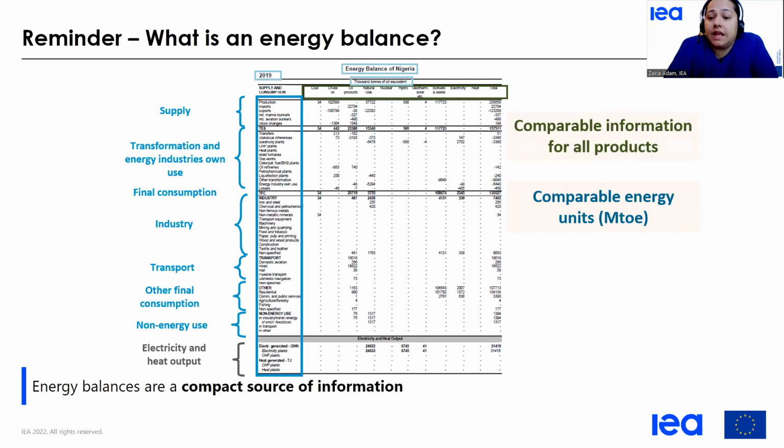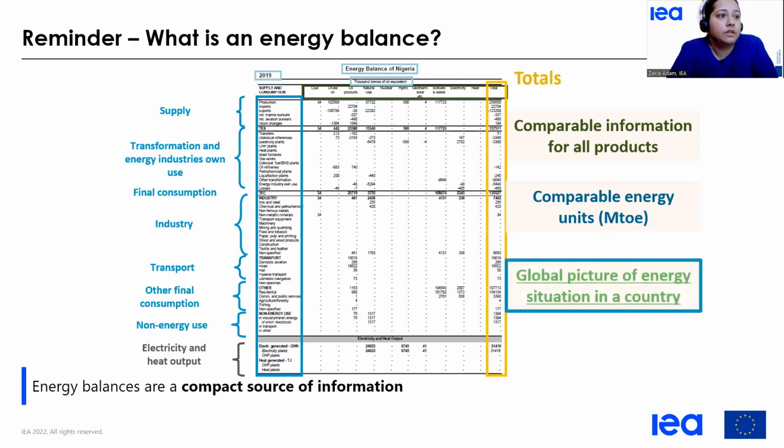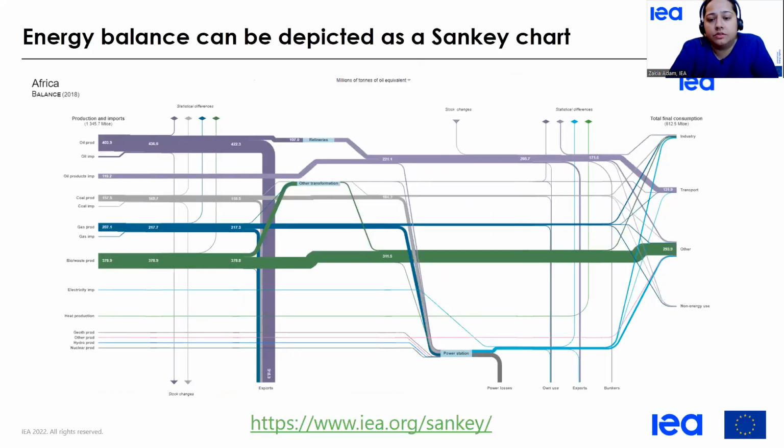This format allows the easy comparison of the contributions each fuel makes to the economy and their interrelationship through the conversion of one fuel to another. So with an energy balance, you get the global picture of the energy situation of a country.